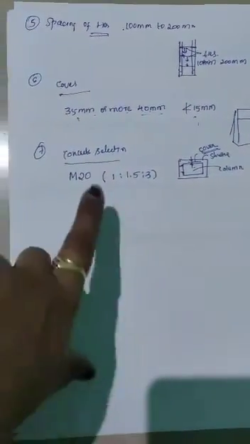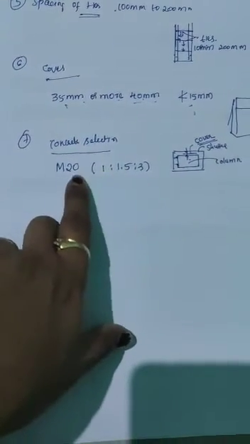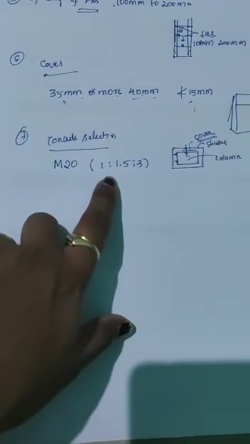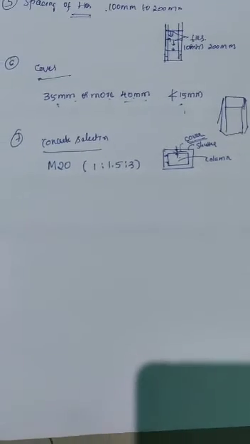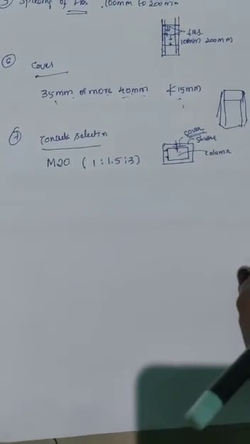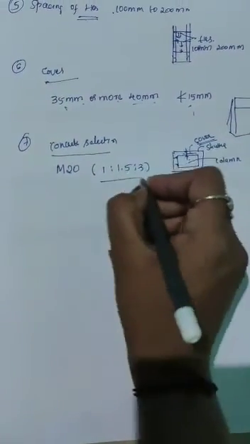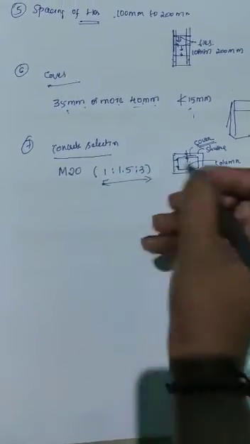For fresher civil engineers, I have made a video on how to remember these ratios. If you go to my playlist, you can find it. It is a very simple way of remembering the mix ratio.